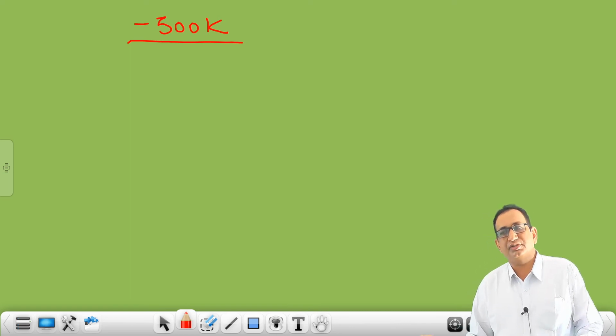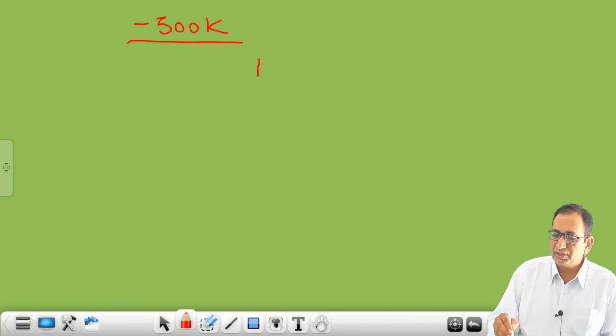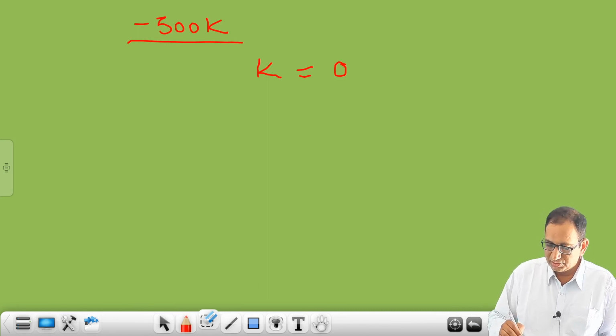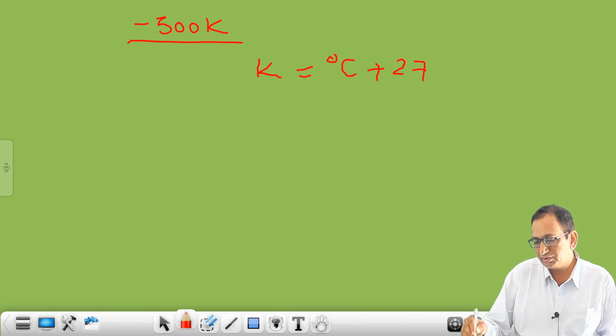So students, the formula is the same. What formula have we got? K is equal to degree Celsius plus 273.